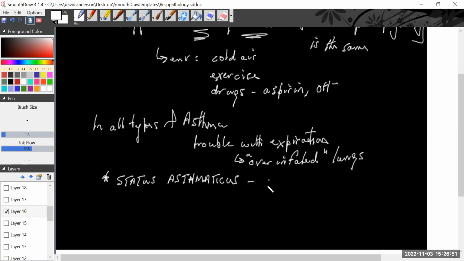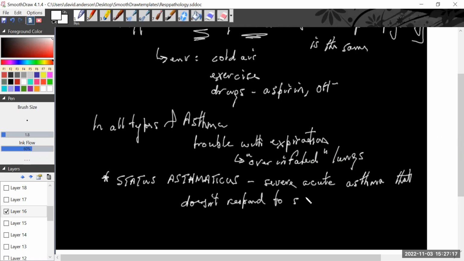This is a really severe acute attack that doesn't respond to the standard treatments. So the beta-2 agonists are not helpful. This becomes life-threatening because it is going to lead to respiratory and or cardiac failure.